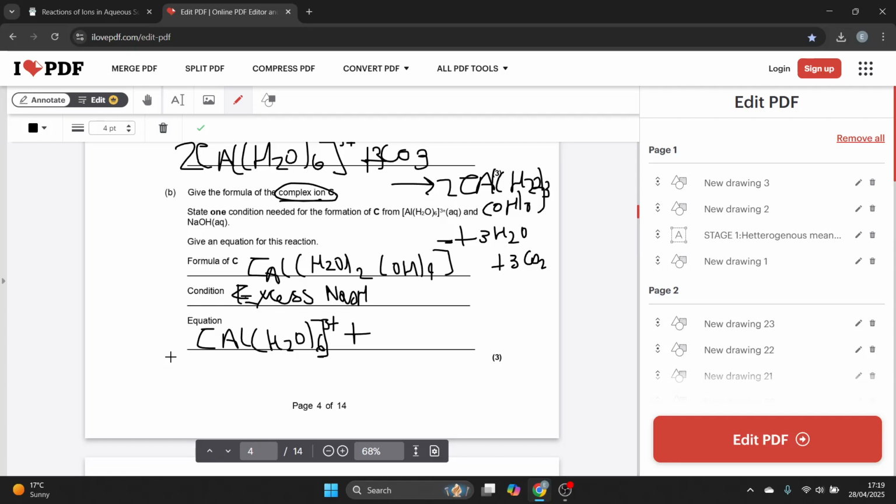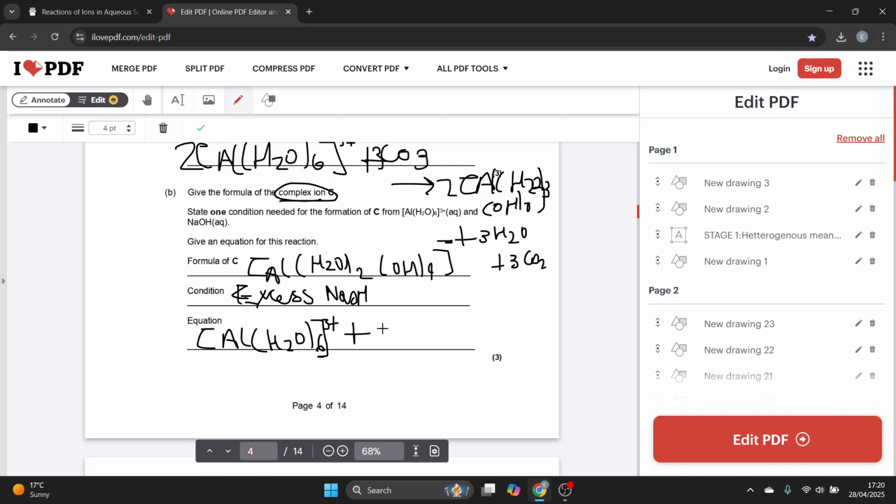Wait. So I've got this. So it wants me to couple the equations together then.